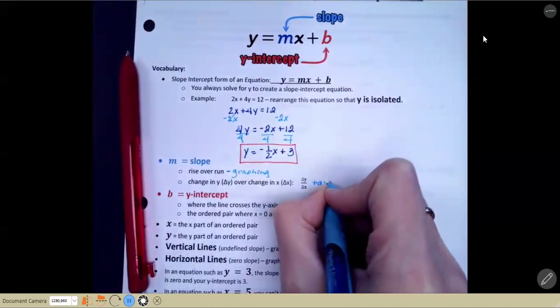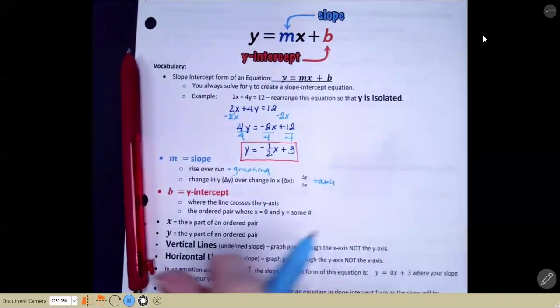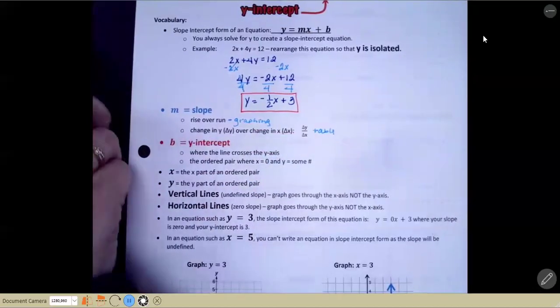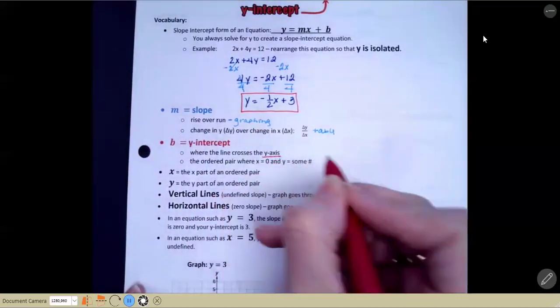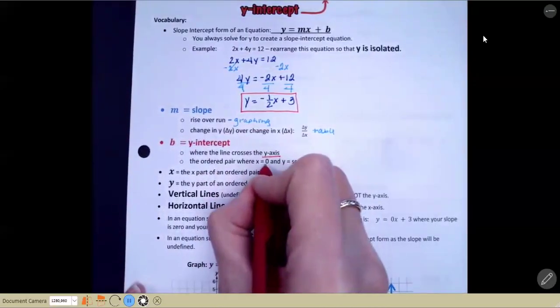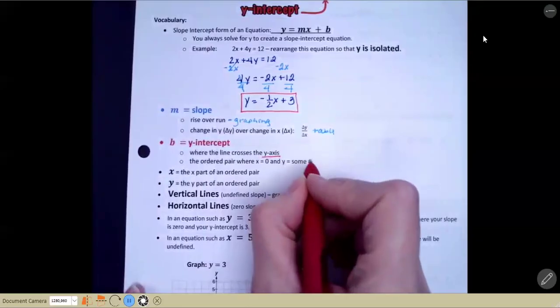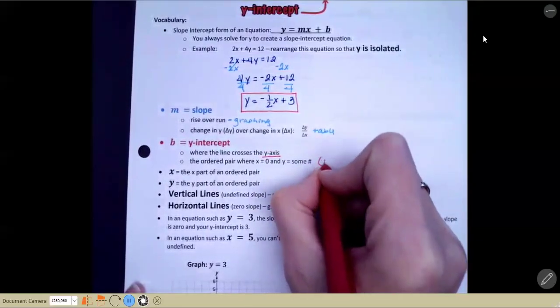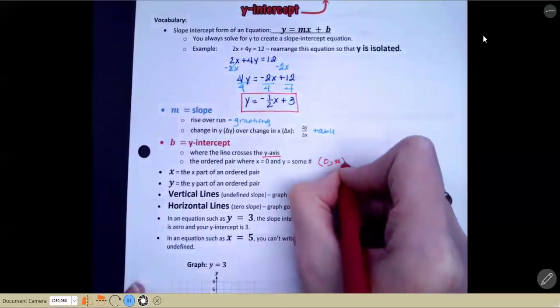And if we go down to the y-intercept, this is where the line crosses the y-axis. The ordered pair is always written where x is 0 and y is some number, because that number is where we will plot the intercept. So 0 and some number.